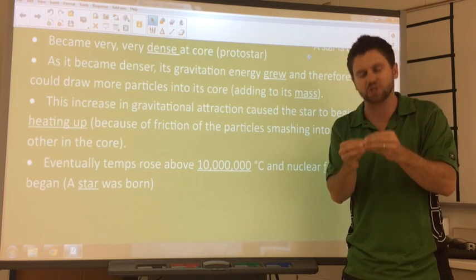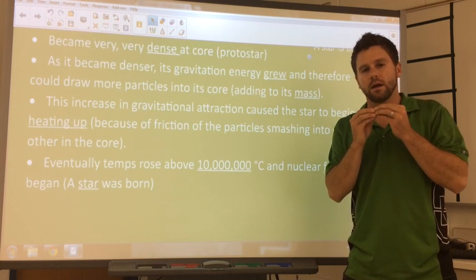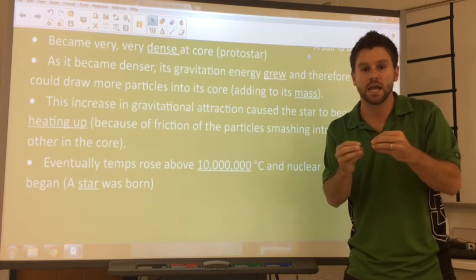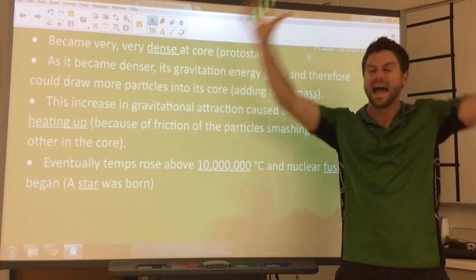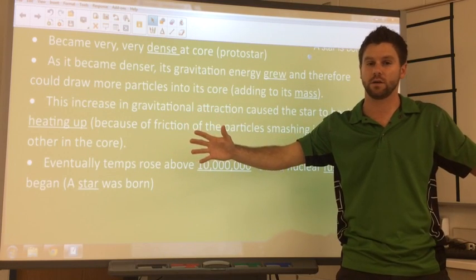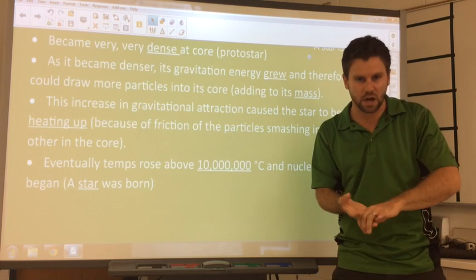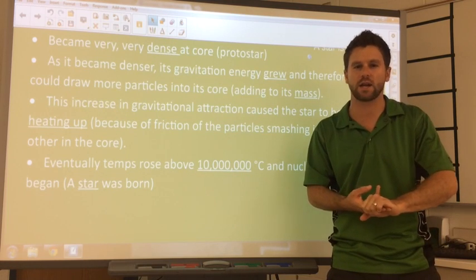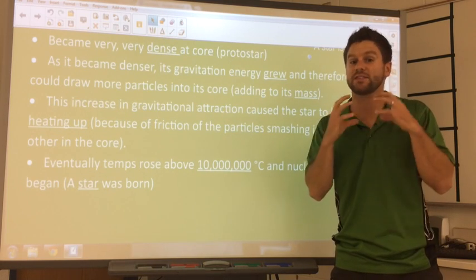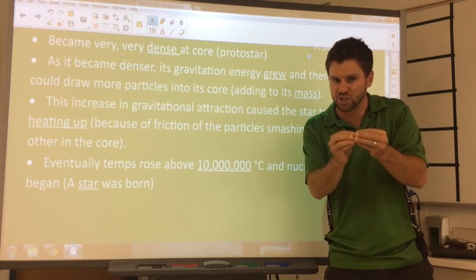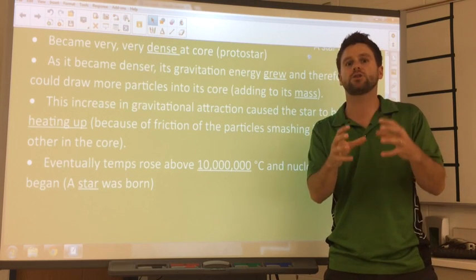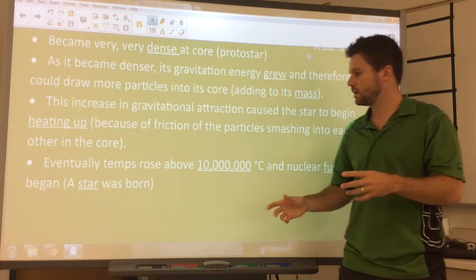A very small part of the hydrogen atoms is converted into a massively large amount of energy. And that energy is light energy, heat energy, ultraviolet radiation energy, all of those different types of energy. That's all converted from a very small amount of hydrogen atom mass. Okay?